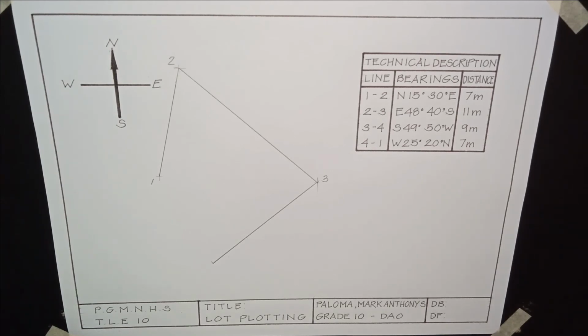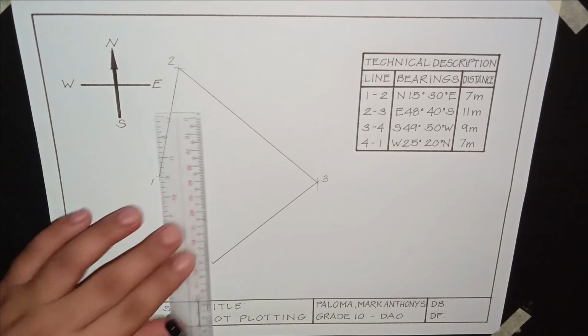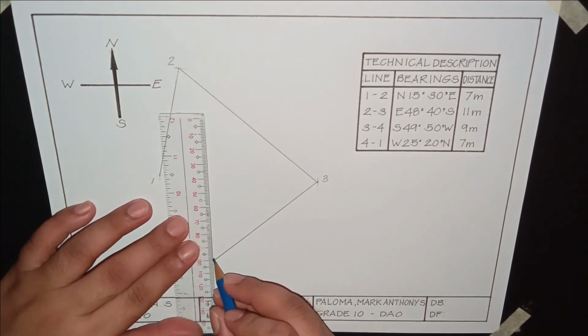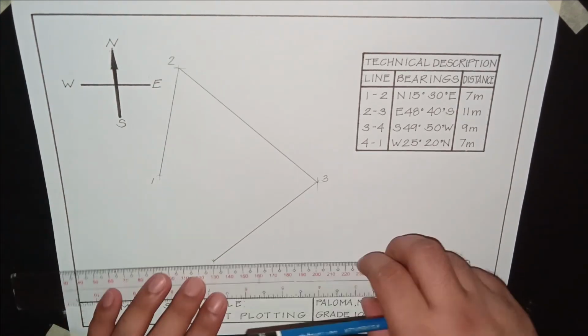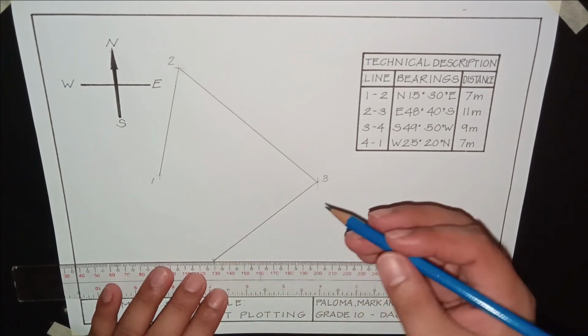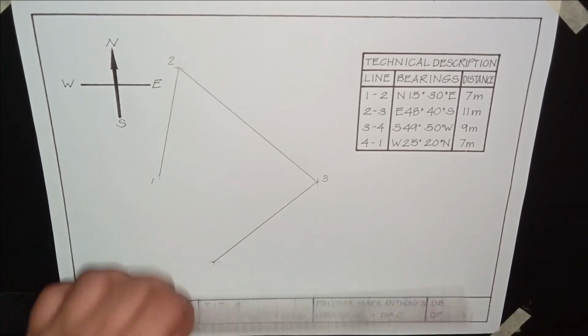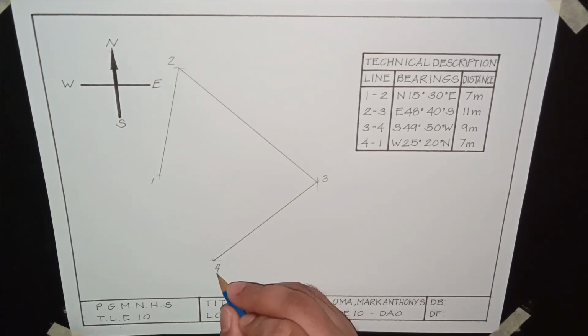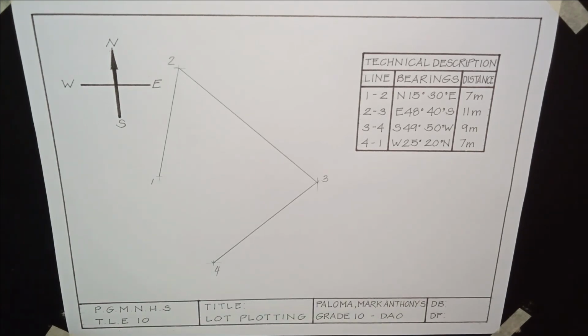Since we're going to north, let's first make our intersecting line on that point and mark it as point 4. Then measure the degree.